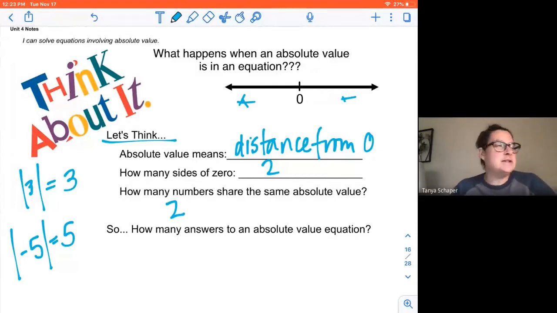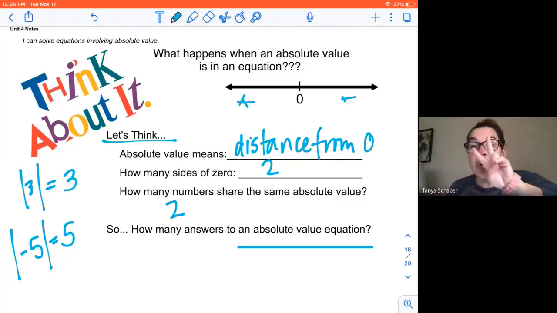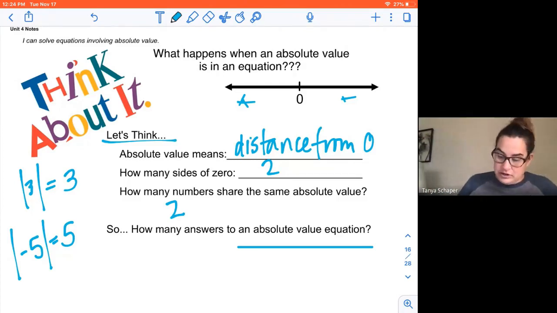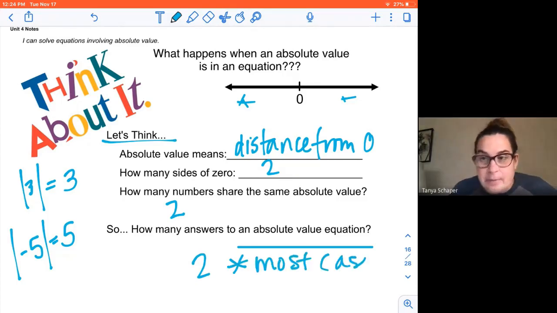The exception is 0, because 0 is 0 away from 0. So when we're solving an absolute value equation, in almost every case, there are two answers because there are two separate sides to 0. So in most cases, we're going to have two separate answers.